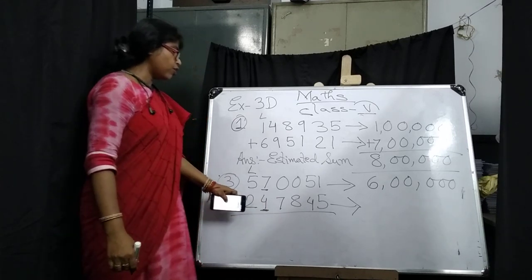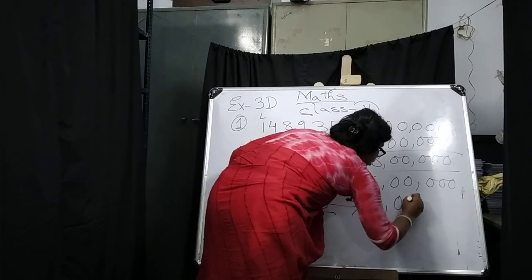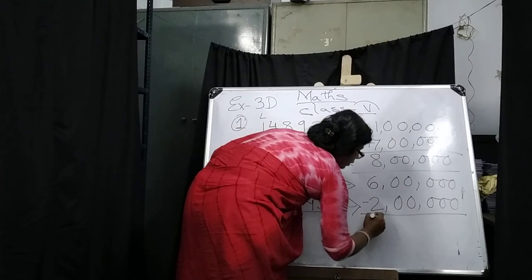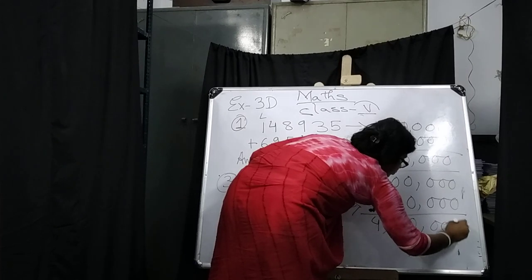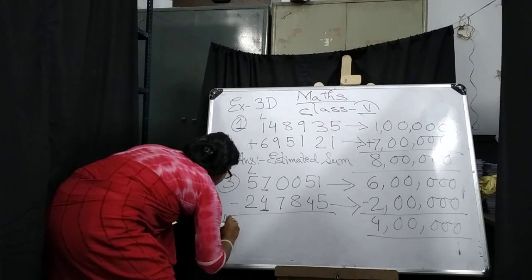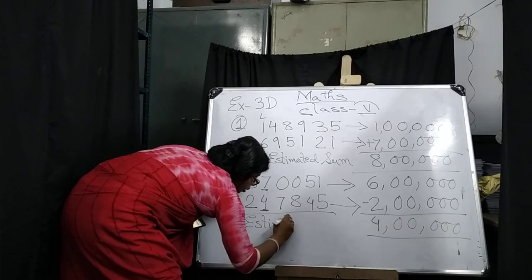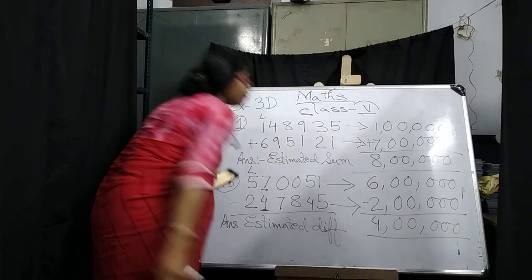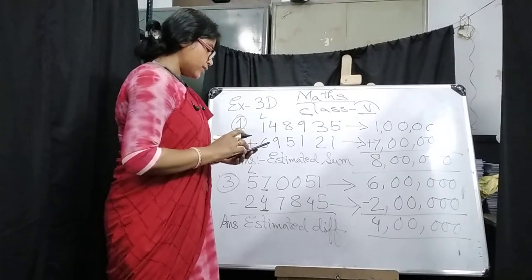So we have to round it off to 2 lakhs. So the difference is 4 lakh. So the answer is estimated difference 4 lakhs. Now we will go to the next exercise.